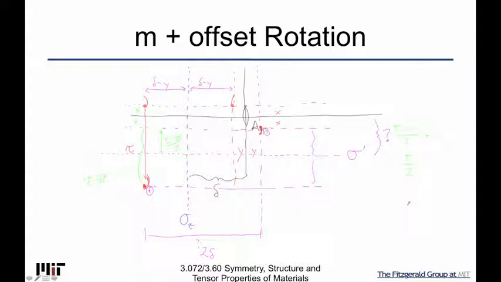So now we have our combination theorem for an offset glide plane.